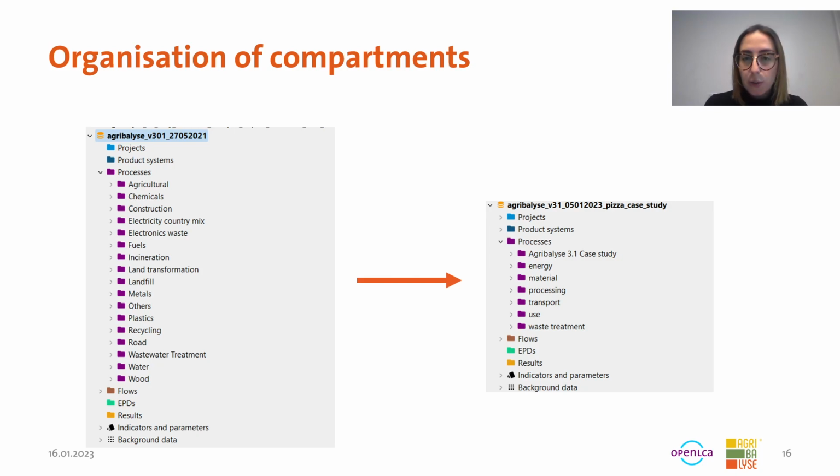Beware that to the right in the new 3.1 version, we also have the case study that I will be presenting now. The database comes strictly from energy to waste treatment, and the AGRIBALYSE 3.1 case study is an extra that I've made. So you won't be getting that when you download AGRIBALYSE from Nexus.